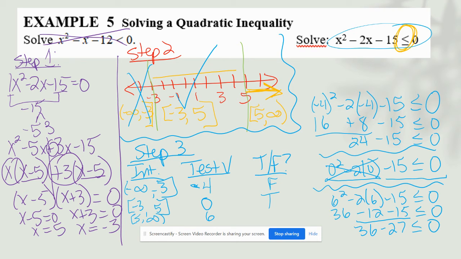And is 36 minus 27 going to be less than or equal to 0? Nope, it's not. So that means that our solution, the only thing we can possibly have, is going to be -3, 5. Make sure it's in brackets because of the equal to.